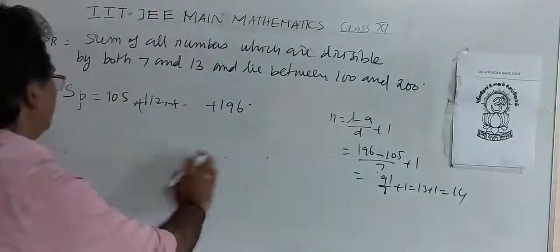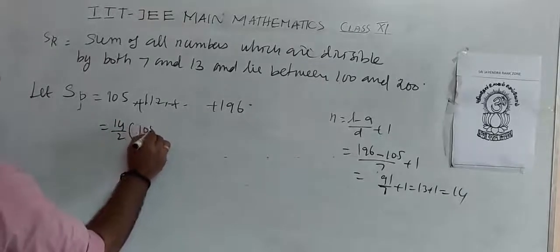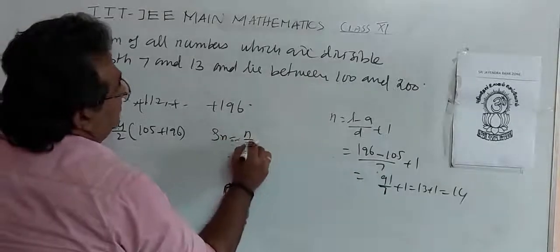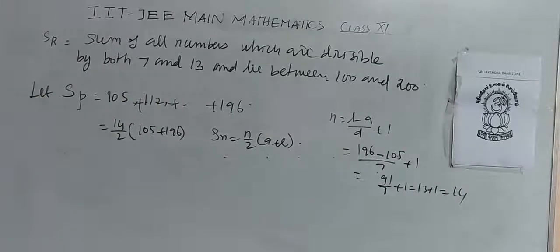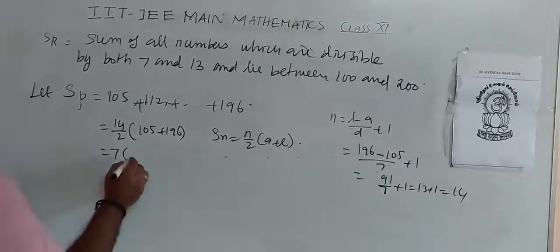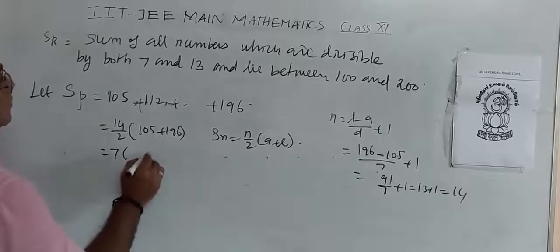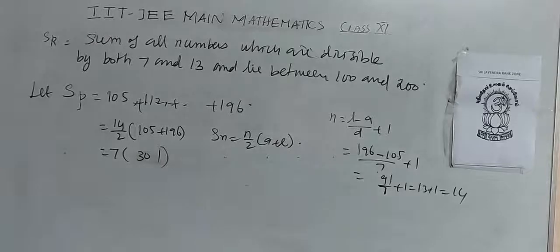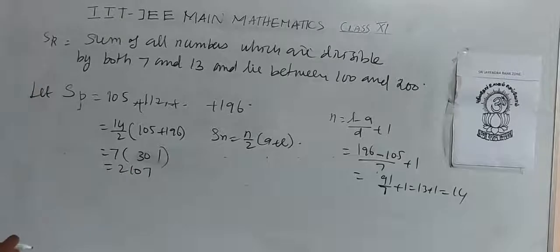So there will be 14 terms. So Sn equal to n by 2 into (A plus L), 14 by 2 into (105 plus 196), equal to 7 into 301, 2107.